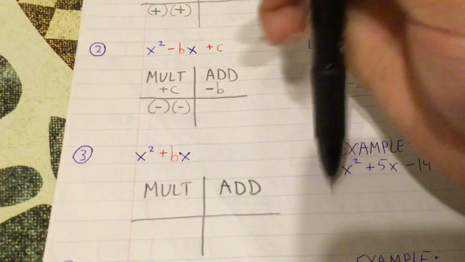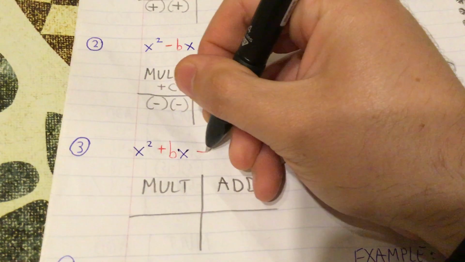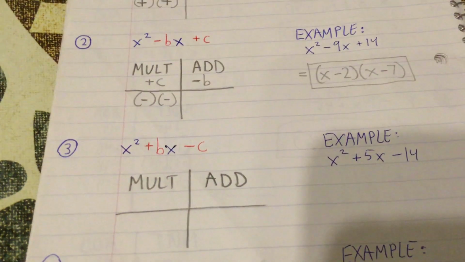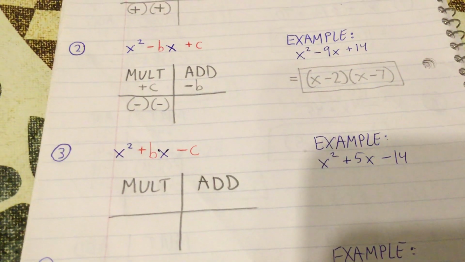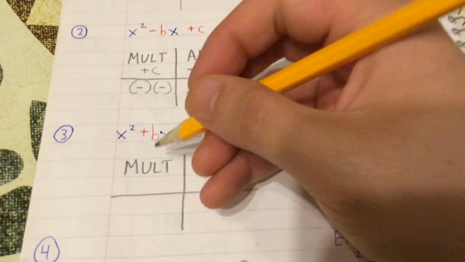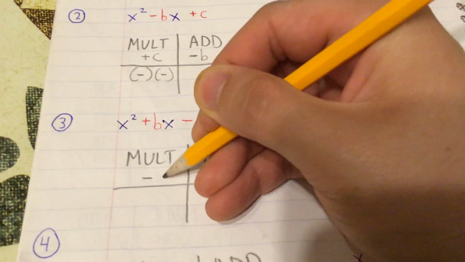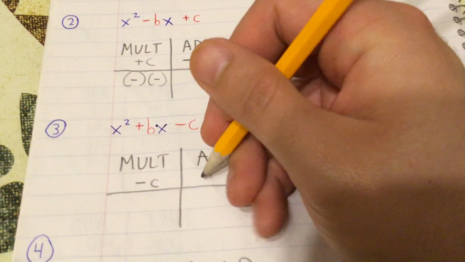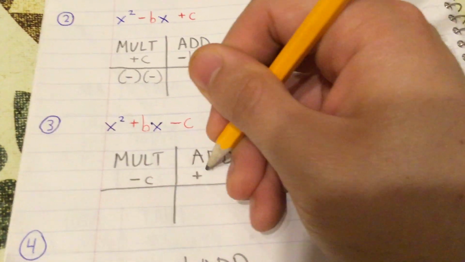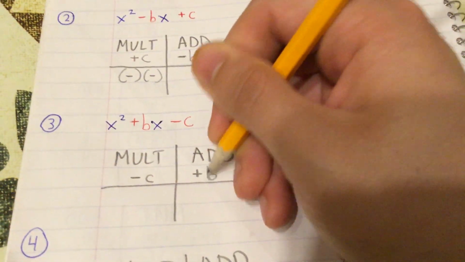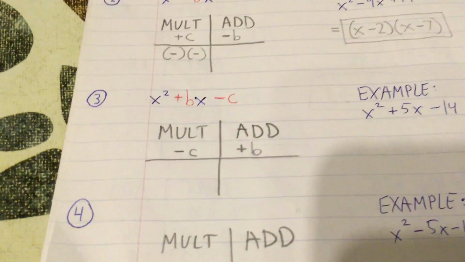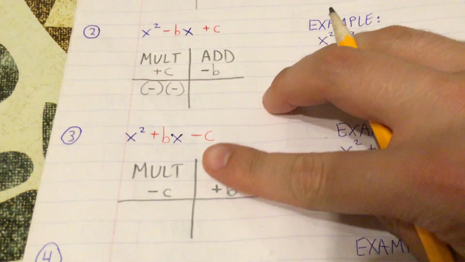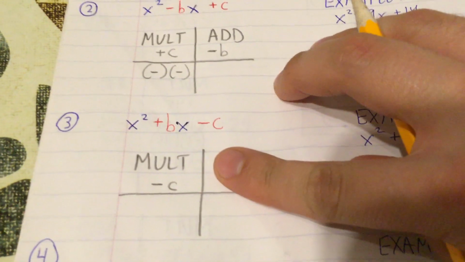What does it mean if I have x squared plus bx minus c? Well, that means that I'm multiplying to a negative c, but adding to a positive b. I'm looking for the 2 whole numbers that satisfy this combination. Well, I'm going to cover up the right column and analyze this critically.